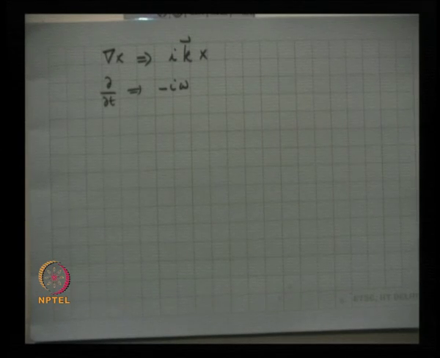Del dot would have got replaced by i k dot, because of the form exponential i (k dot r minus omega t).